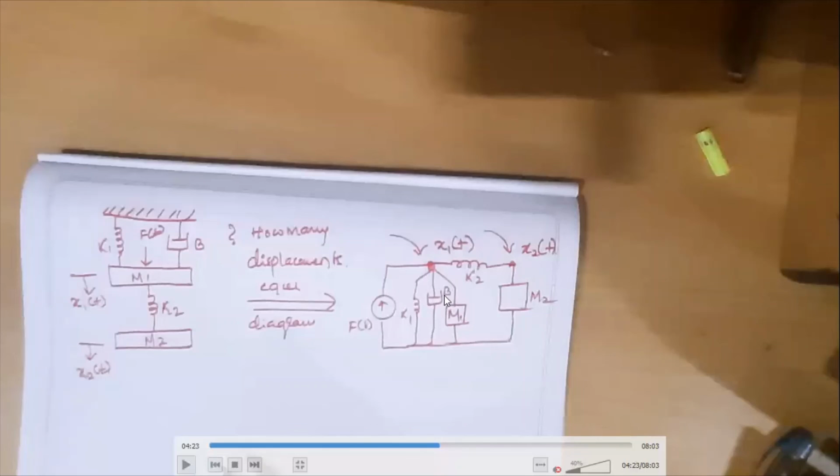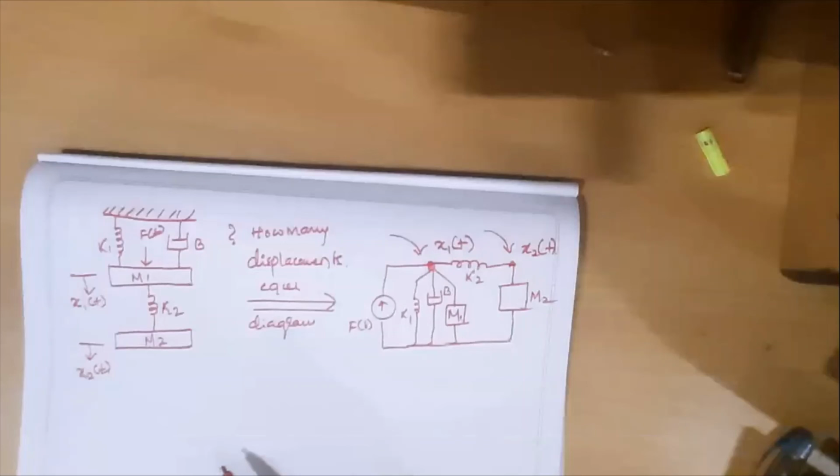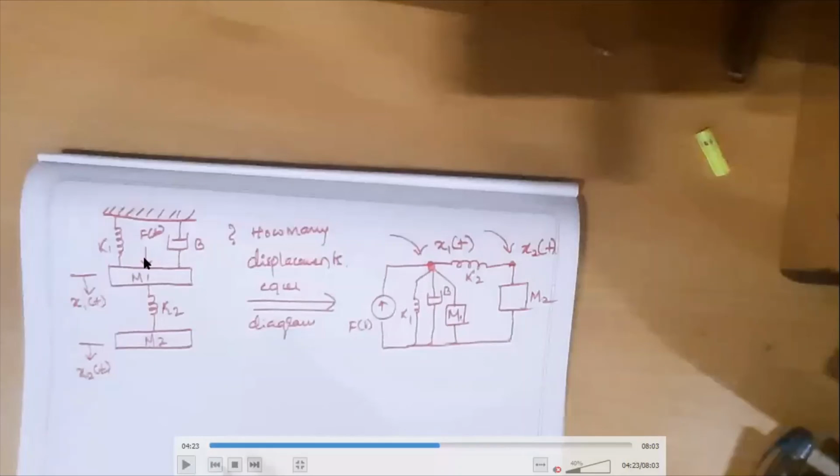Next, coming to this diagram equivalently, I will explain it very quickly. We have f of t as an input. The impact of this force is balanced at first by these three elements, m1, k1 and b.